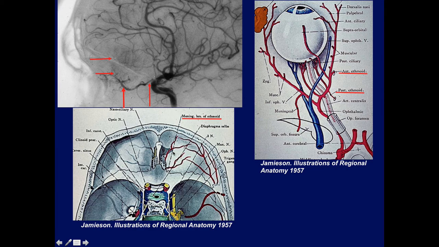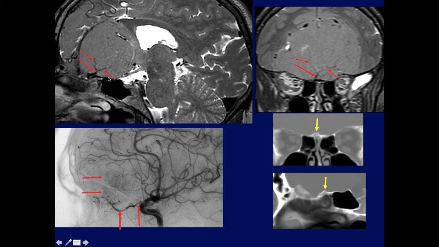These ethmoidal branches supply the anterior meningeal arteries, which supply the floor of the anterior fossa, let's say of olfactory groove meningiomas, like in this case on the angiogram. And I showed that we can see it on a sagittal image, this large meningioma. Again, seen here in the coronal, and the hyperostosis.